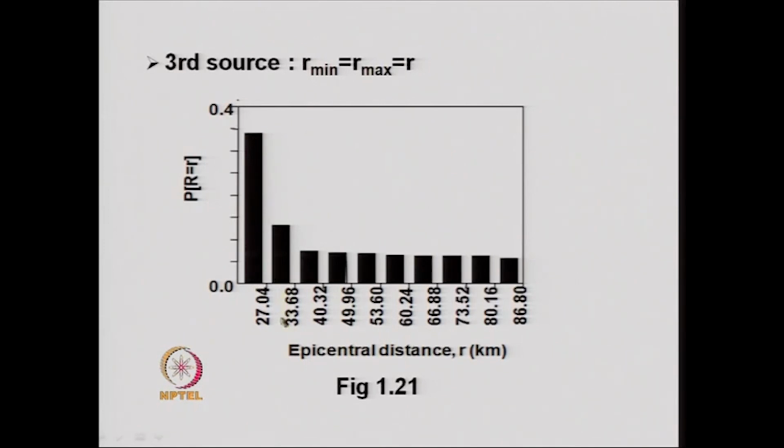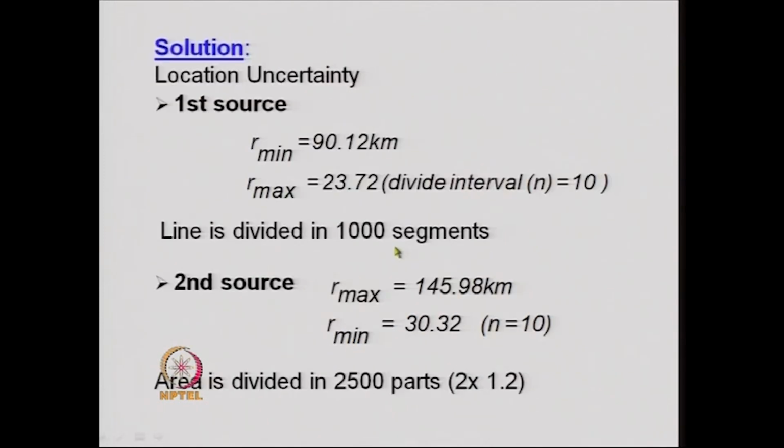Similarly, for a radial distance of 33.68, the probability of occurrence is about 0.18. So in this way, one can calculate the probability of occurrence of an earthquake for a specified epicentral distance.